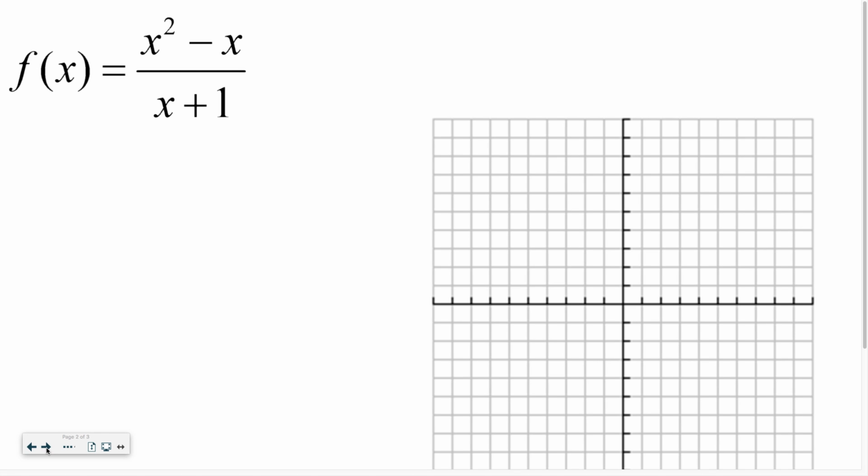Okay, by exactly 1. Now, technically we can factor our numerator, but does it help us simplify? No, it doesn't really help us at all. Okay, so we can factor, but it's not going to help us simplify. Our vertical asymptote is at x equals -1 because that's where the denominator is 0.